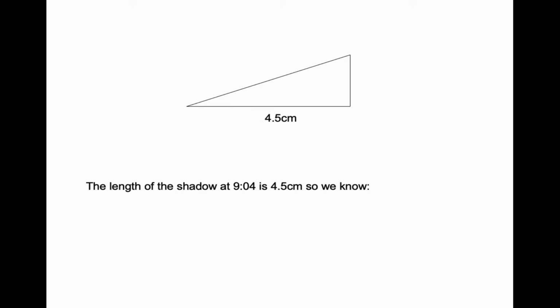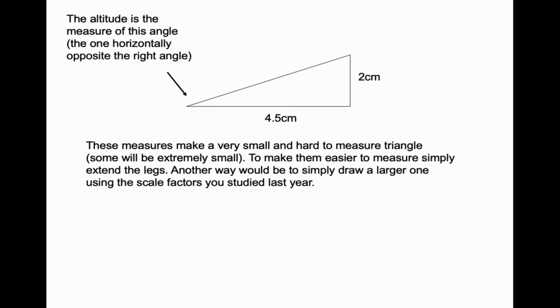We also know the gnomon height is 2 centimeters. Then our altitude is just the measure of this angle, the one horizontally opposite from the right angle, and that gives us a very defined number for the altitude.